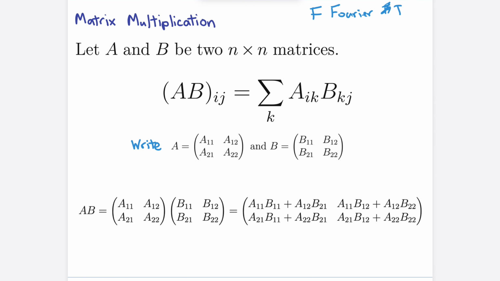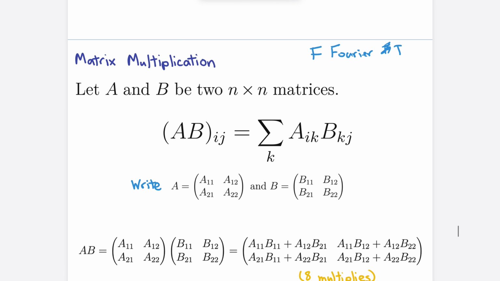Now, how many of these smaller individual multiplications are required, at least directly? How many pairs of matrices are getting multiplied together? 8. Okay, so there are 8 multiplies.